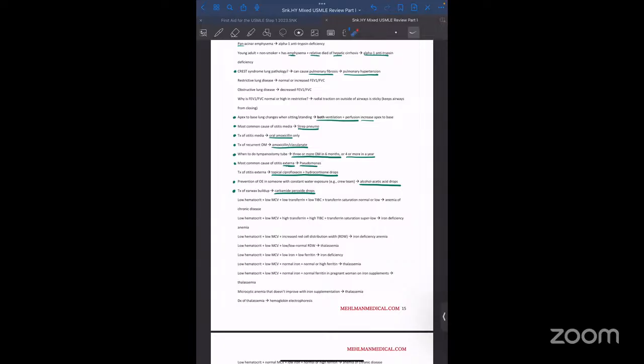Transferrin is the transporter, so that's high in iron deficiency anemia.